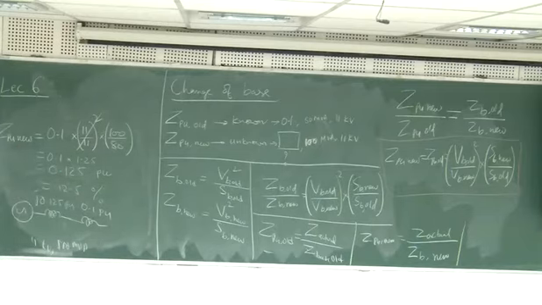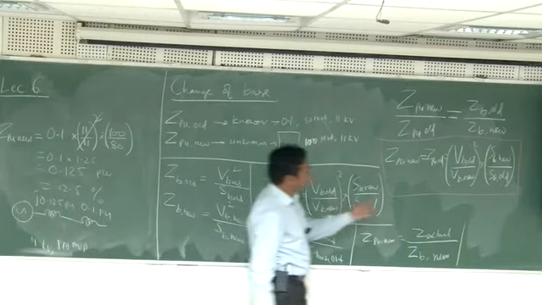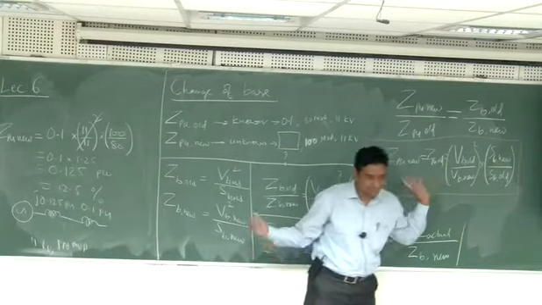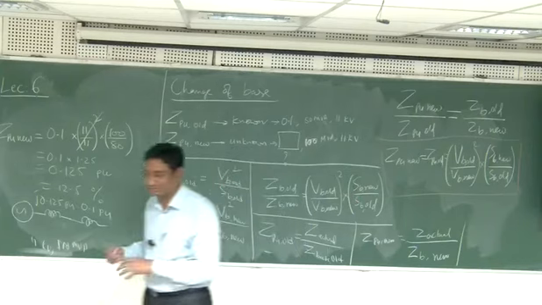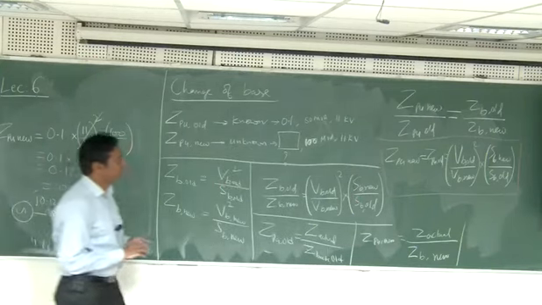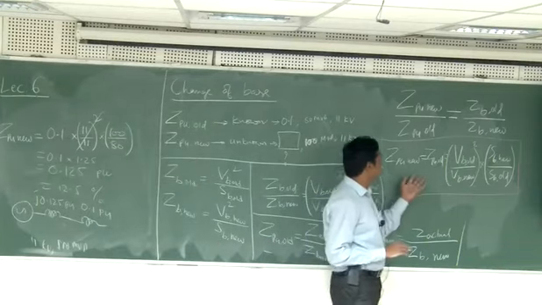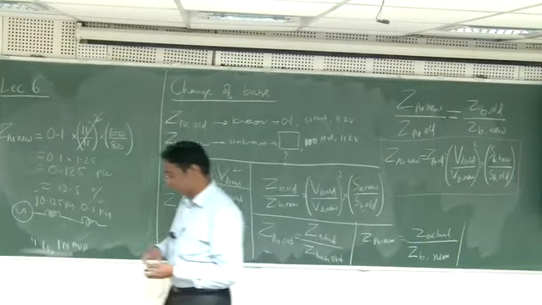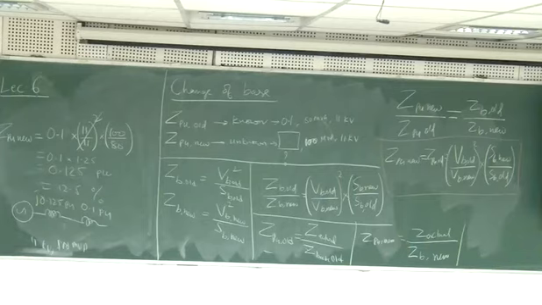Just simply, if you remember this, you can solve any per unit kind of problem very easily, and you should have a calculator. In fact, you can write it down someplace, bring it, and see it, and then solve the problem. As long as you have that formula correct, you will not have a problem.